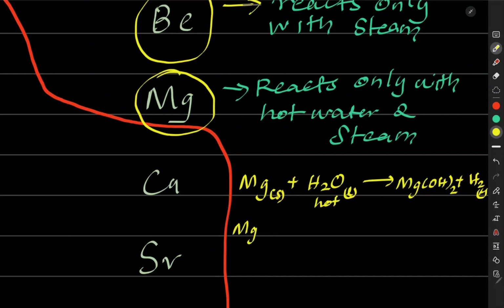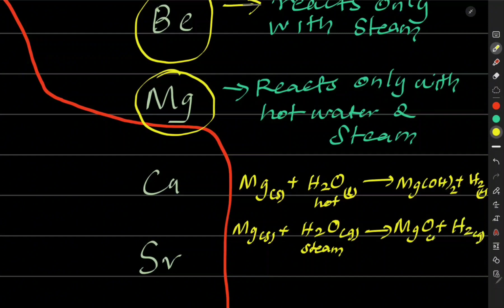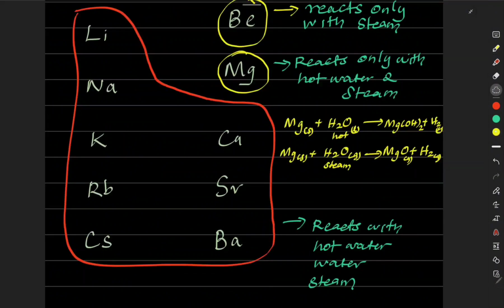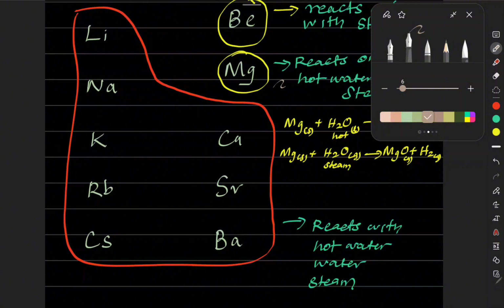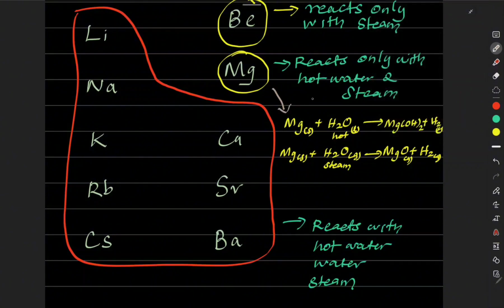And magnesium solid plus H2O gas, meaning steam, gives magnesium oxide plus H2 gas. These are the reactions for magnesium.